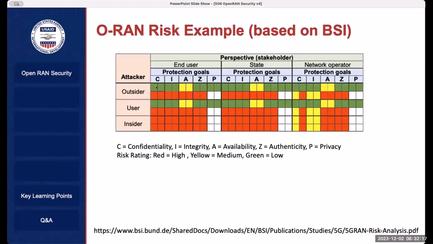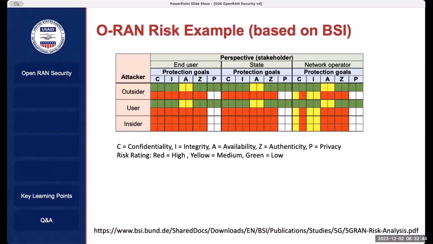As you can see here, there's a lot of green, so they are actually protected for confidentiality and integrity, except for availability. Because with availability, again, one rogue mobile phone could cause an outage on a vulnerable cell tower. And that's from an outsider perspective. And again, an outsider could also be a user, so they are incorporating that.